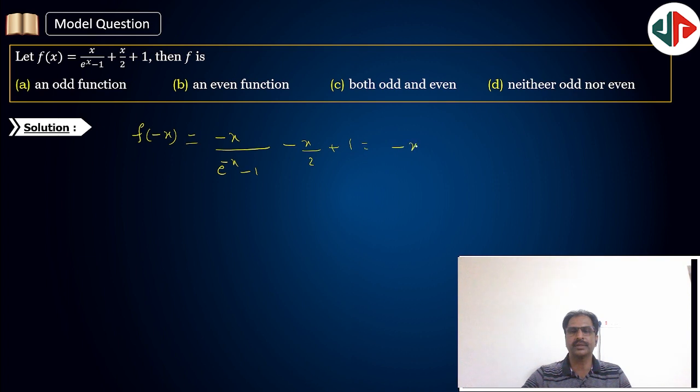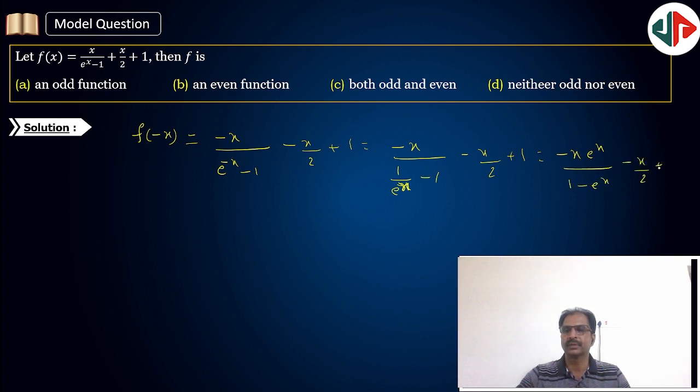That is equal to minus x by e power minus x is 1 by e power x minus x by 2. After taking LCM, that e power x will go to the numerator by 1 minus e power x. This can also be written as x e power x.